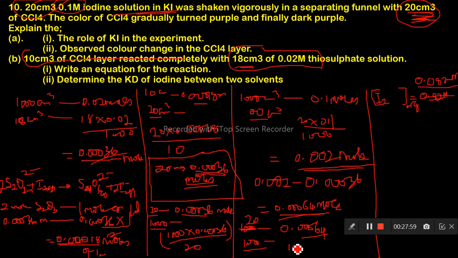So 1,000, let me write it, times 0.00064 out of 20. So what is the answer? What's the concentration of iodine in the aqueous layer?